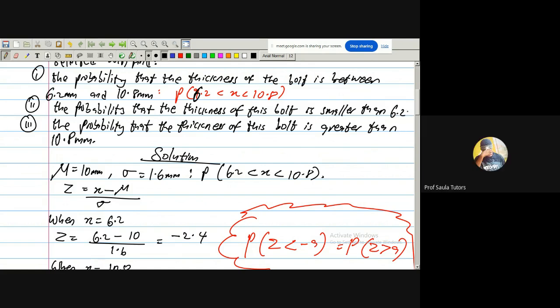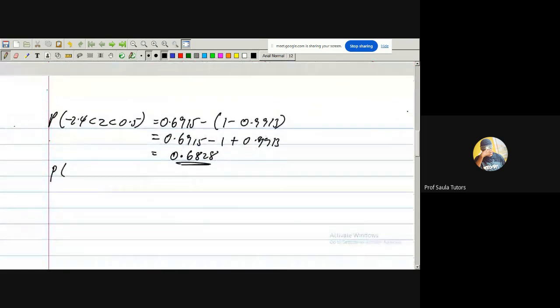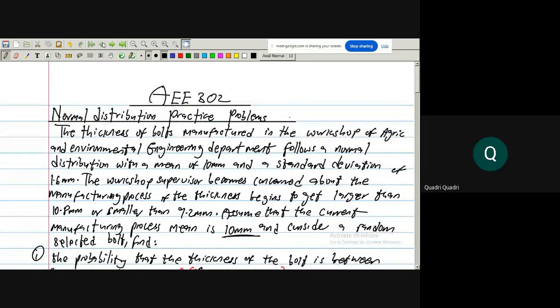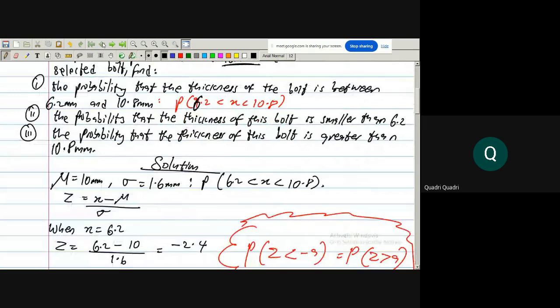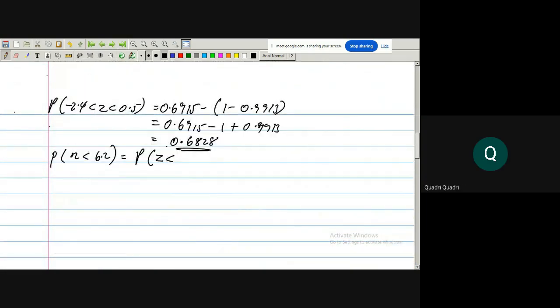Okay, let's go. So just solve it exactly the same way. So x less than 6.2. It's saying the probability of z less than what? What is that 6.2 in the standard form that we converted? Minus 2.38.